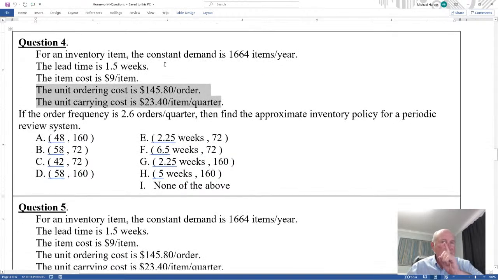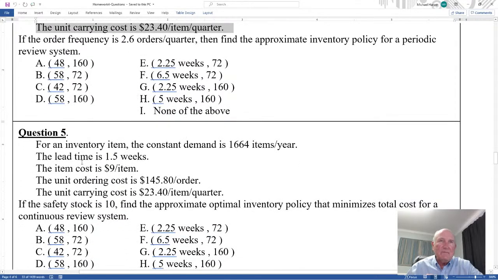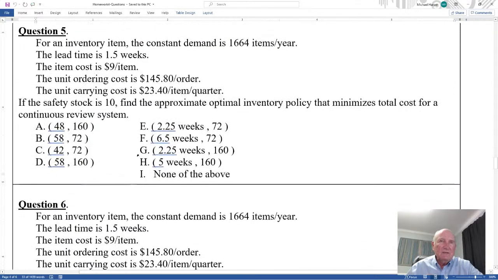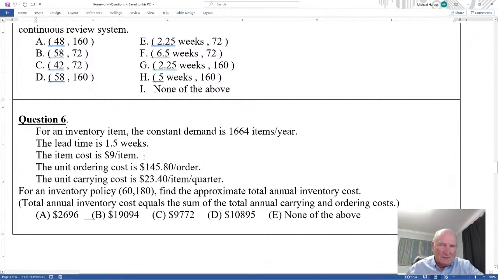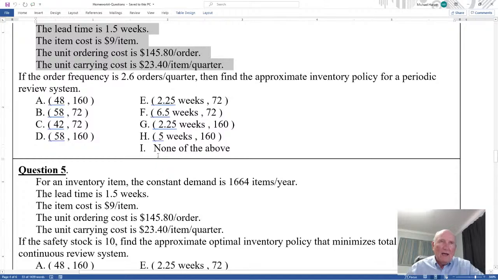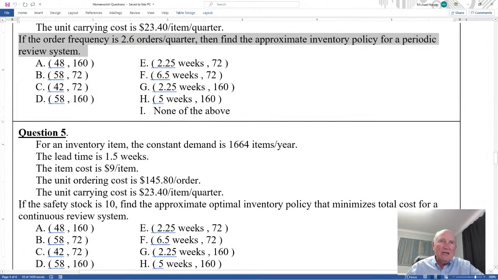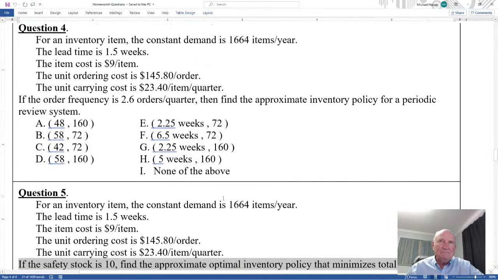Notice these 5 rows are the same 5 rows for question 5 and question 6. I give you the same header information and change the information a little bit as I go down.